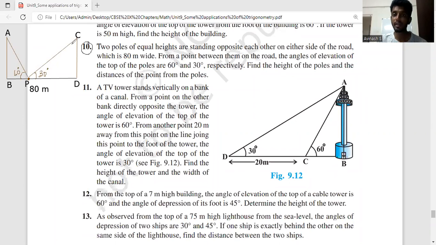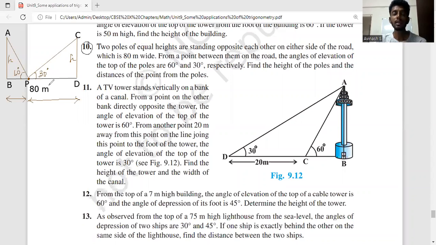We have been asked to find the height of the poles, which has not been given, but we know very well that both the heights are h and h, which means both are equal. So I'm assuming both the heights as h. We are also supposed to find the distance of the point from the poles, this distance as well as this distance. We know the whole width of the road is 80, but what is the distance of the point from the first pole and the second pole?